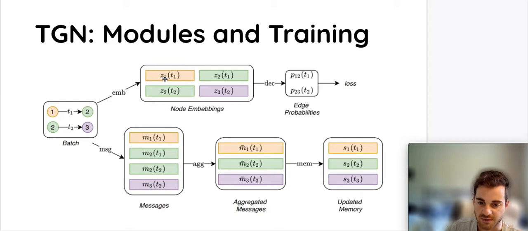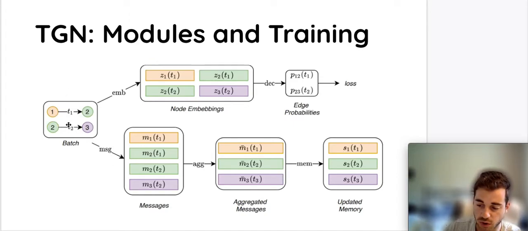So we have an embedding for node 1 and node 2 for the first interaction, and so on. Then we can use the decoder to compute the probability of having an edge between these two nodes, and this is going to generate our loss, since we want our model to be able to predict this edge.